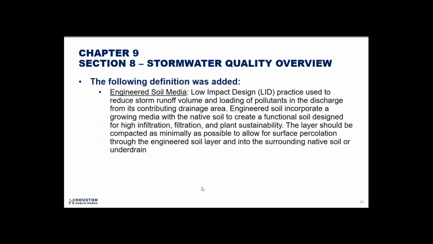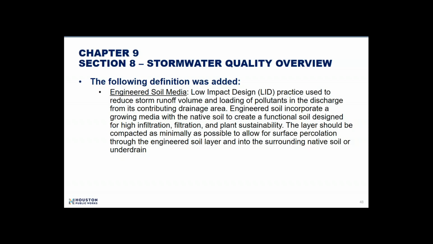So then moving on into the stormwater quality part of Chapter 9, one of the main items we added in this section was the engineered soil media. There's always been a concern by the city, and that's one of our issues with some of these green initiatives: how do you maintain them and have them still work?